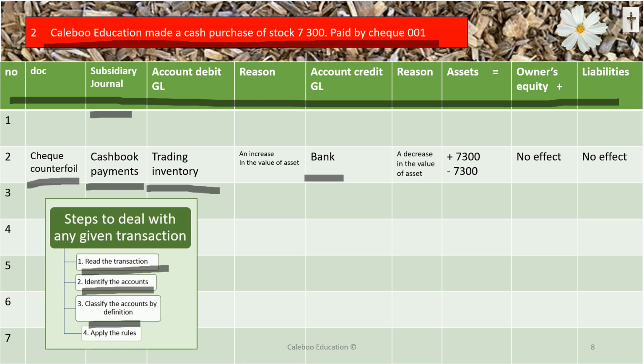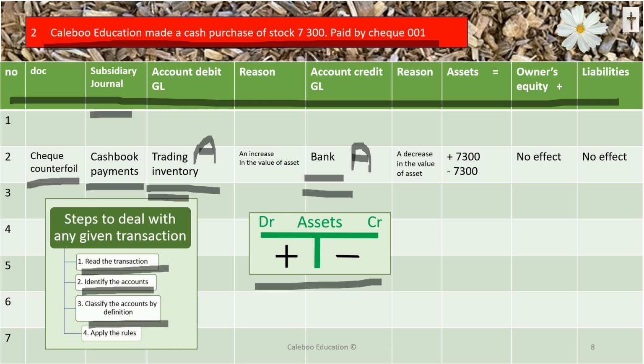We need to classify the accounts. Okay, we've identified them, trading inventory and bank. Trading inventory, by definition, is an asset, and bank is also an asset if the bank balance has a positive bank balance.